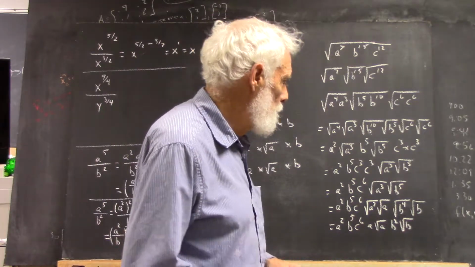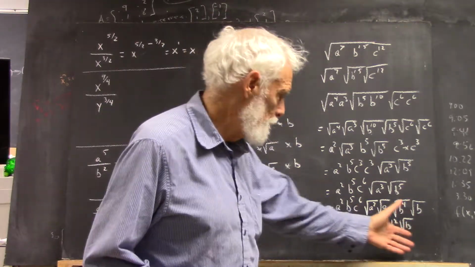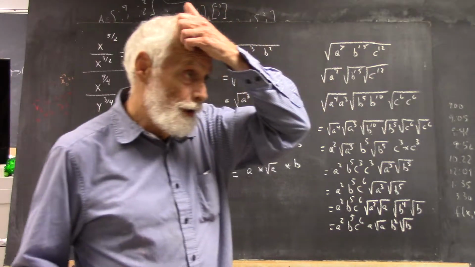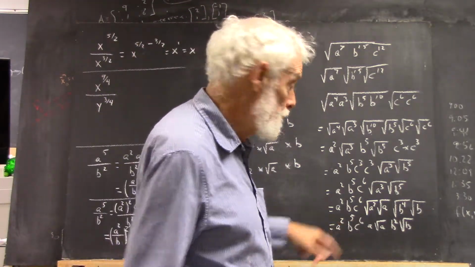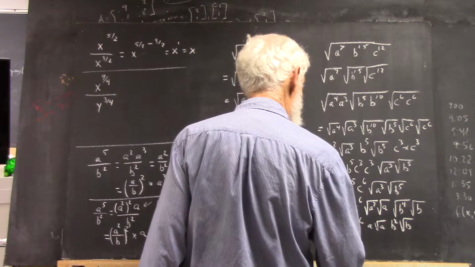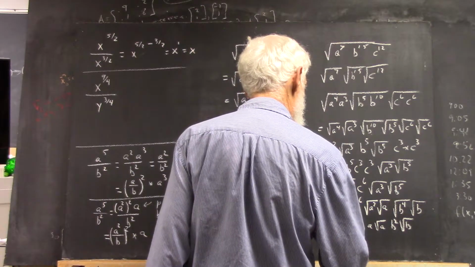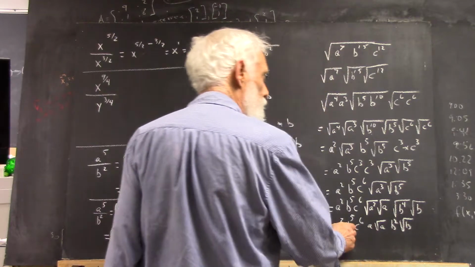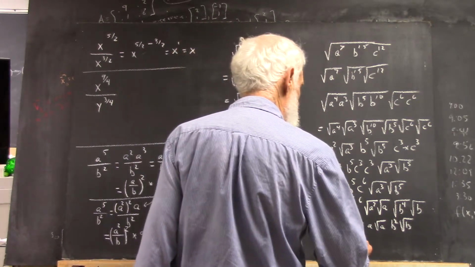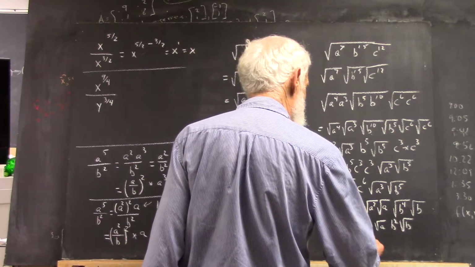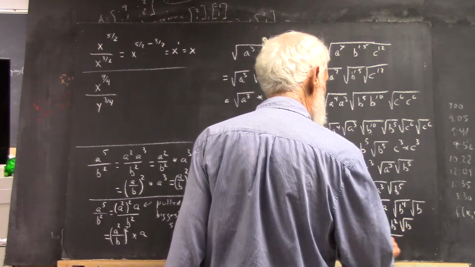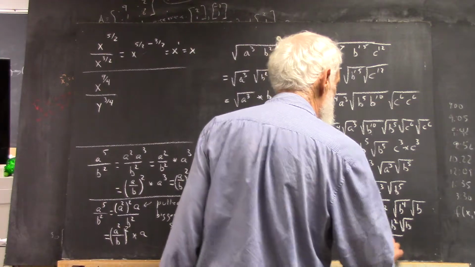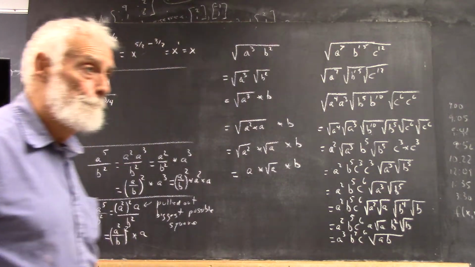Well, now we're almost done, but not quite, because we still have terms that we can collect, right? We have an a here that can match up with the a squared to give us an a cubed. And a b squared here that we can multiply by b to the fifth to get b to the seventh. Then we have a square root of a and a square root of b. Well, that's just going to give us the square root of ab, right? Right.